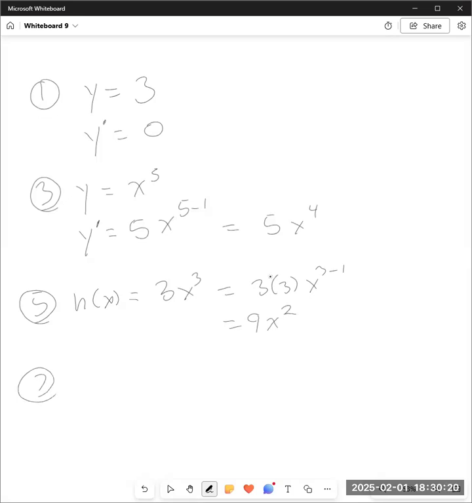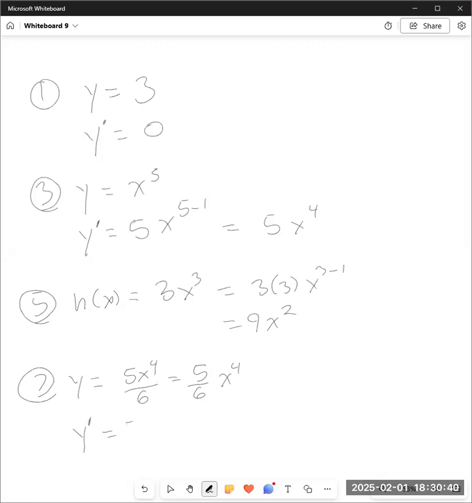Number 7, y is equal to 5x to the 4th over 6. I'm going to write that as 5/6 x to the 4th, just so it looks closer to what we had for our rule.